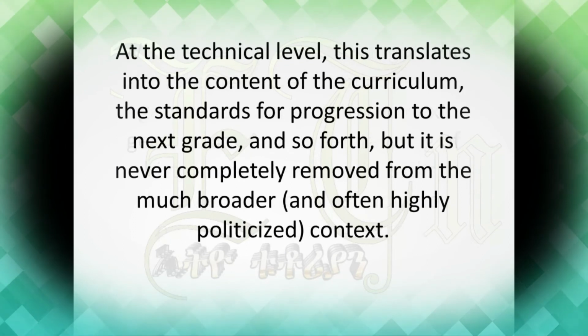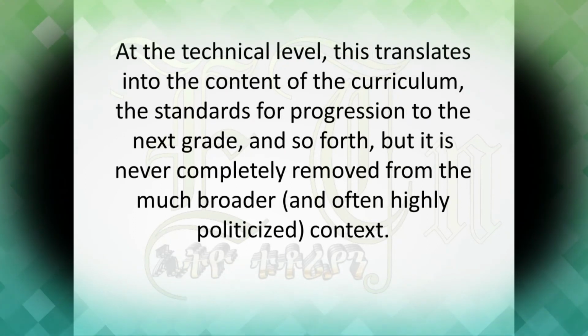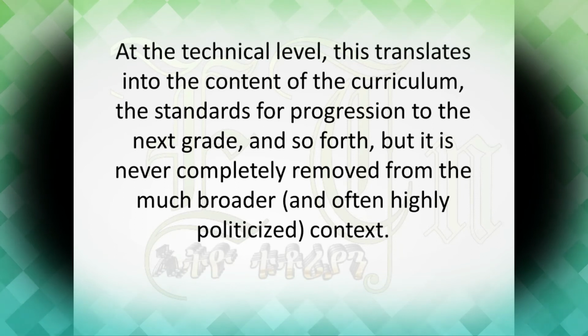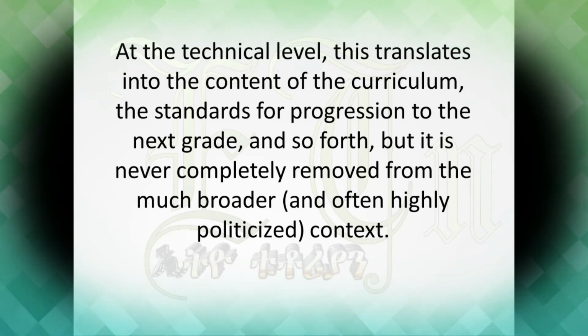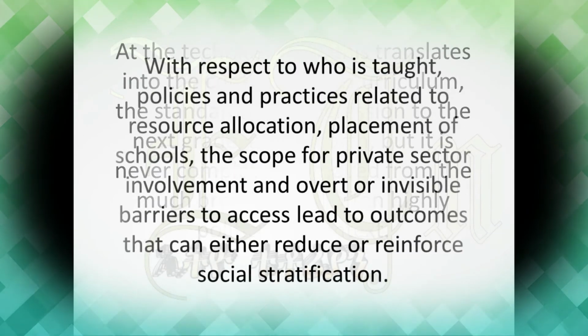At the technical level, this translates into the content of a curriculum, the standards for progression to the next grade, and so forth, but it is never completely removed from the much broader, and often highly politicized, context.